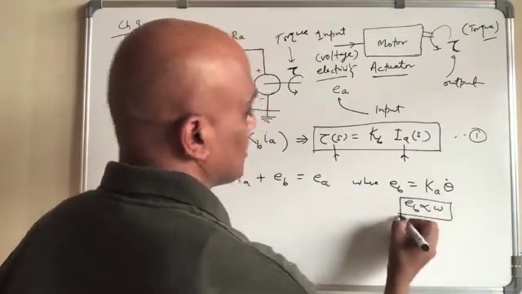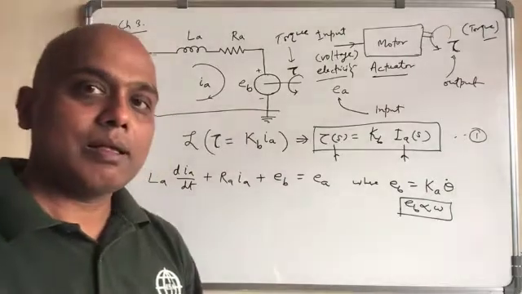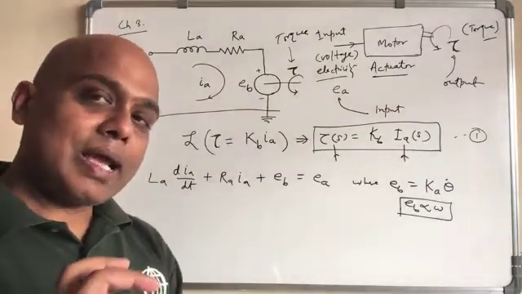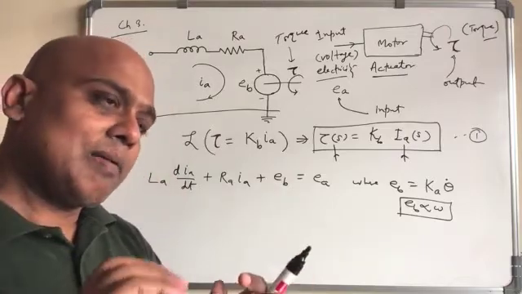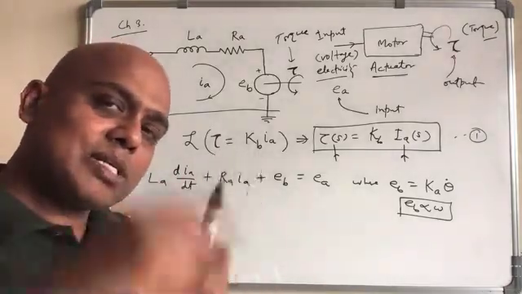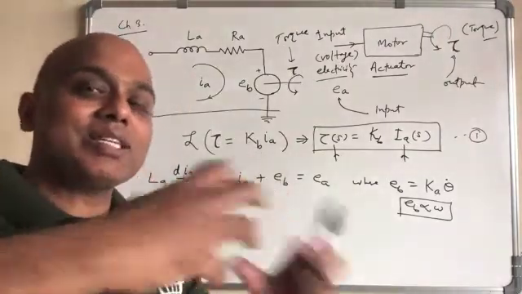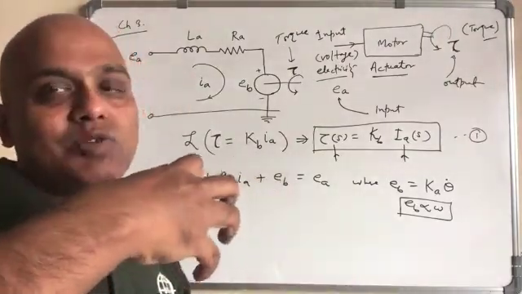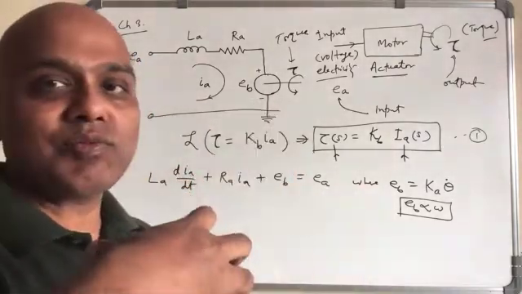That's what it means. So the electromotive force is generated by the coil rotating inside a magnetic field. If it is not moving at all, there is no current, and hence there is no electromotive force generated.